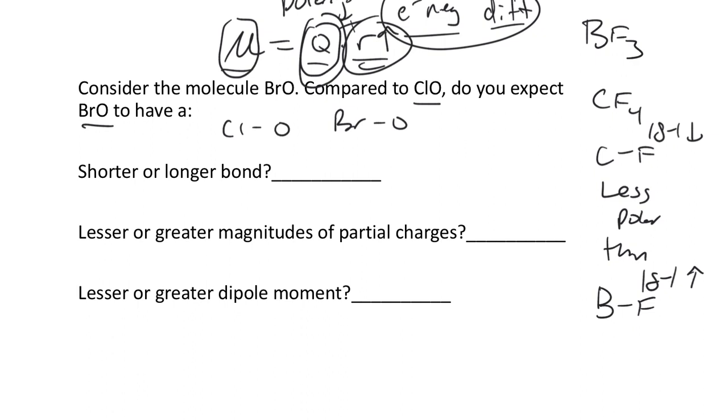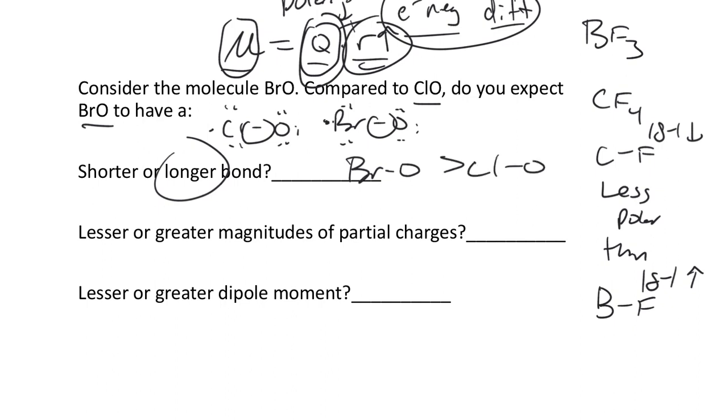When you're comparing bond lengths, they have the same Lewis structure, the same kind of Lewis structure we had on the last slide for each of these. So we're just making sure they're both single bonds. Bromine being bigger makes it have a longer bond. So the BrO bond is longer than the ClO bond.